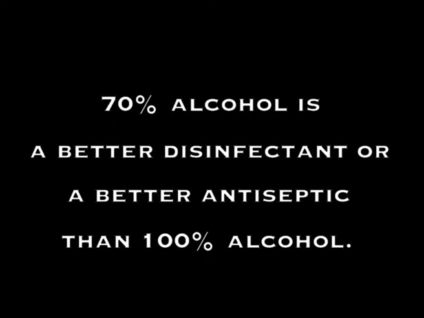For example, 70% alcohol is a better disinfectant or antiseptic as compared to 100% alcohol. Here we can see that decreasing the alcohol concentration by adding water has increased the alcohol's killing efficiency.